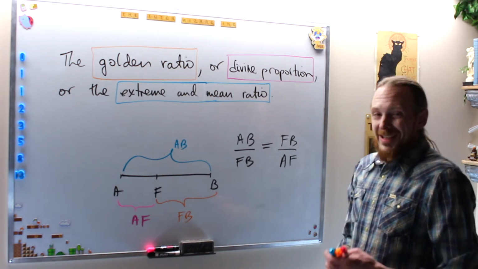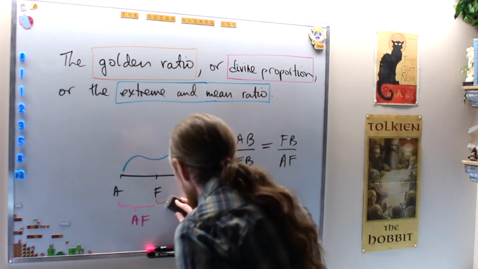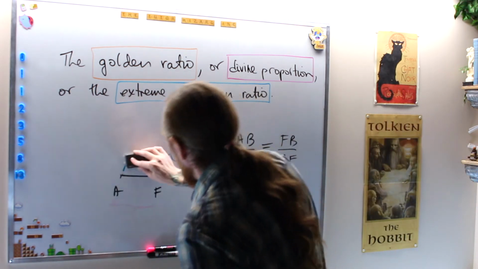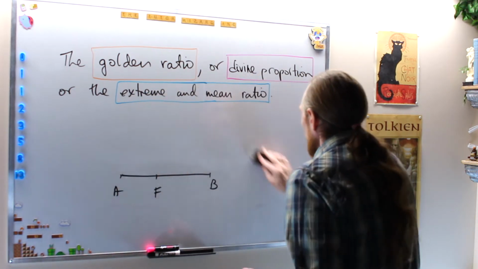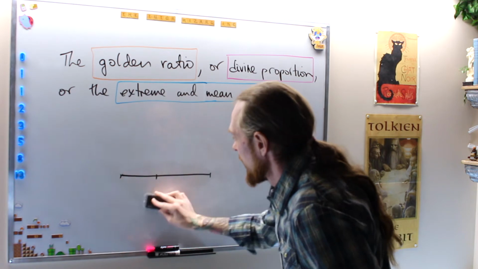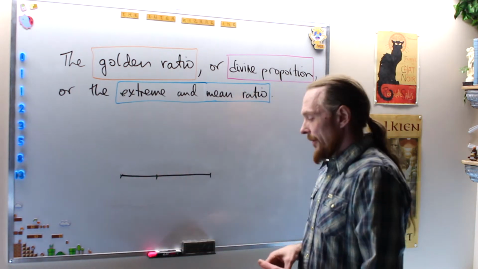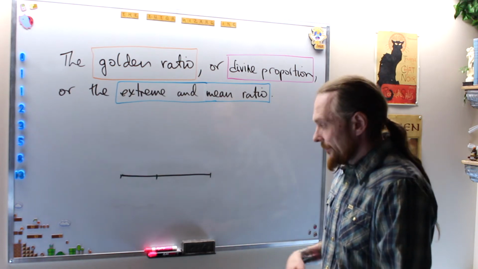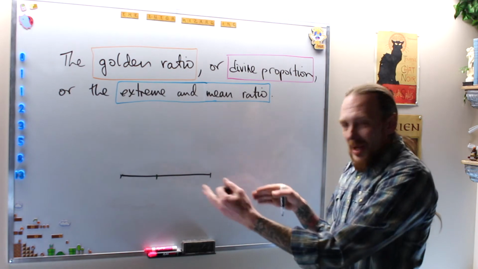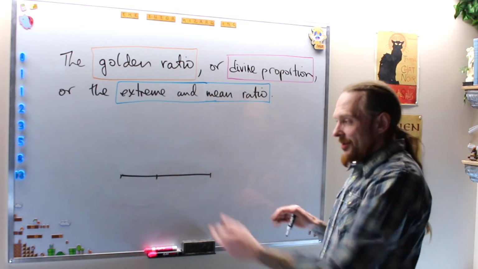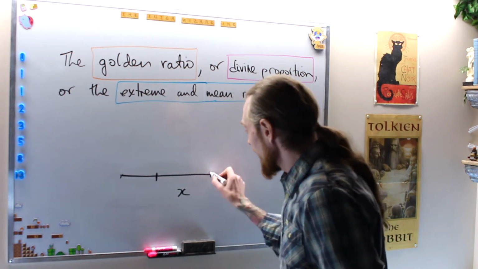So what does that mean? Instead of using geometric notation, what I'm going to do now is get rid of that. Instead of using the geometric notation of all the points and giving you this horrible definition, I'm going to call this segment x, from here to here.